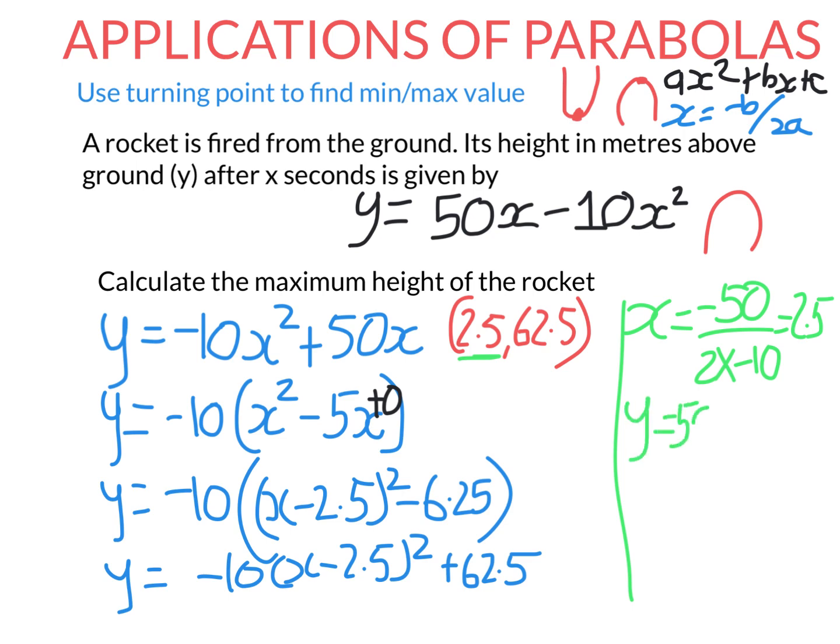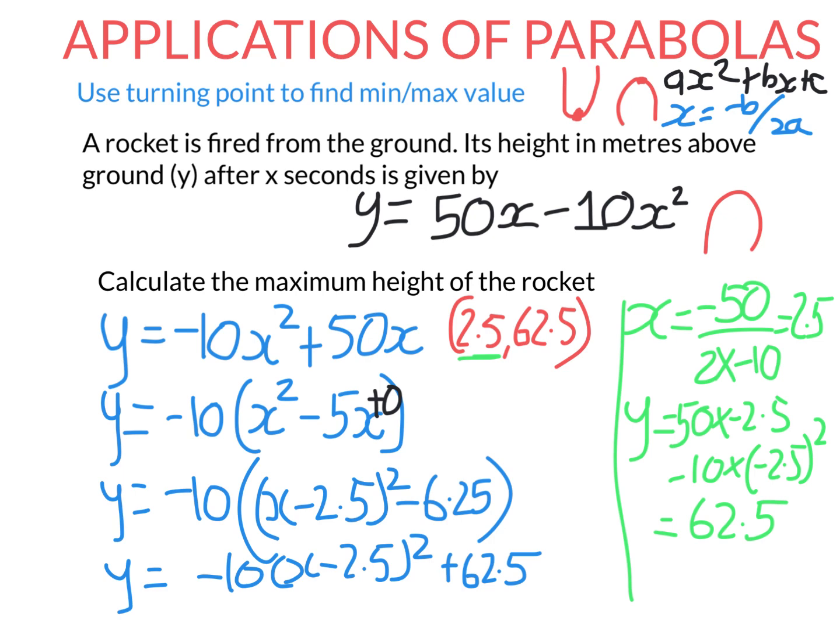So y would be 50 times x minus 10 by x squared. Remember to put it in brackets. If you put that in your calculator, you actually get the same answer, 62.5. So either way, we found that the maximum height is 62.5 meters after 2.5 seconds. This way is probably a lot easier than that way.